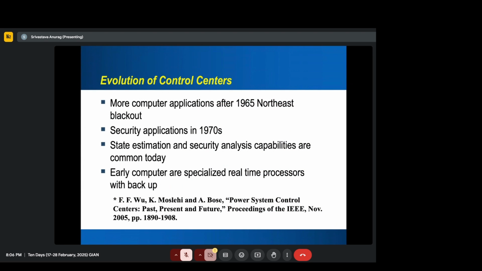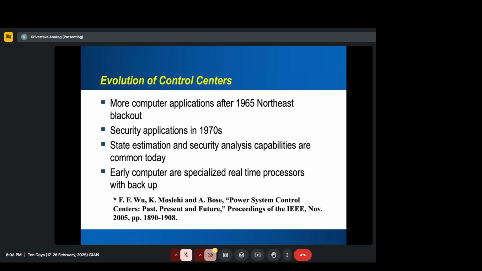This control center has evolved over time, and if you think about the different applications that have come into the control room, this mainly happened first. It was all paper, right? There was no computation, and we were operating relying on automatic control, and being reactive as things go wrong. But then we realized, after a big blackout that happened in 1965, that we can use computers and solve things more quickly.